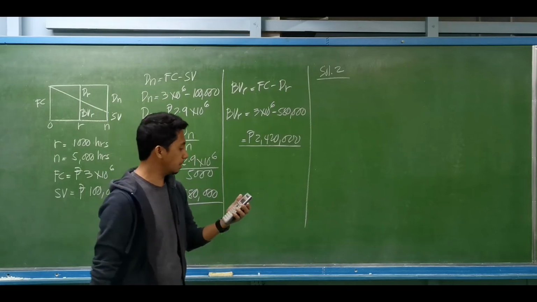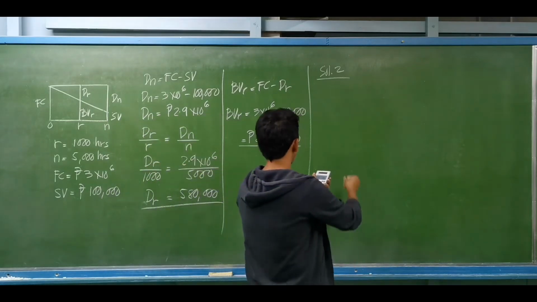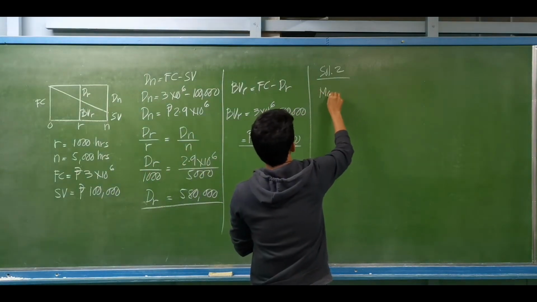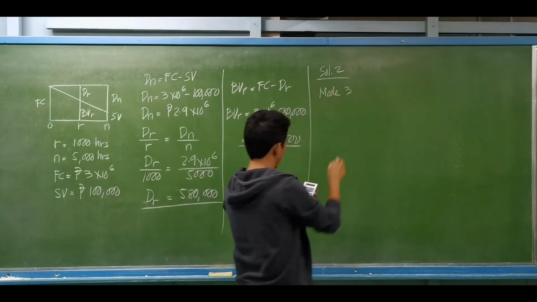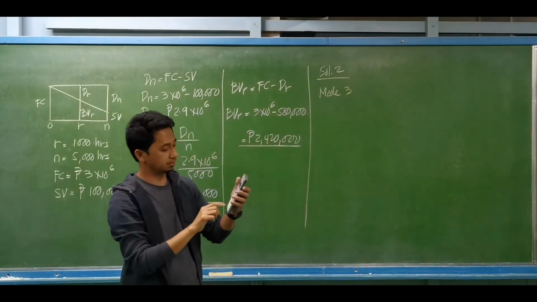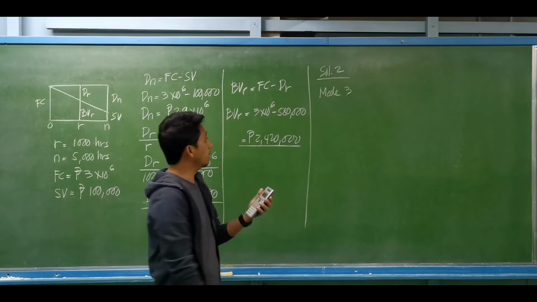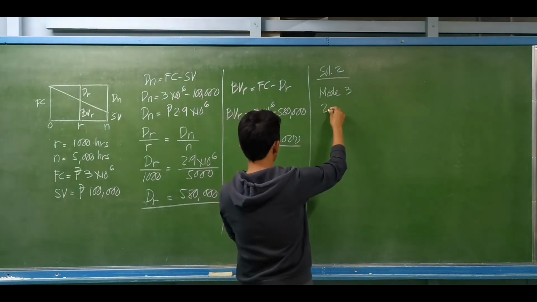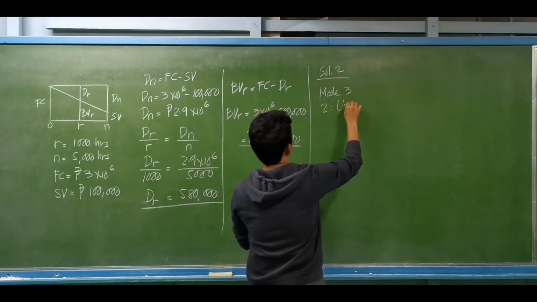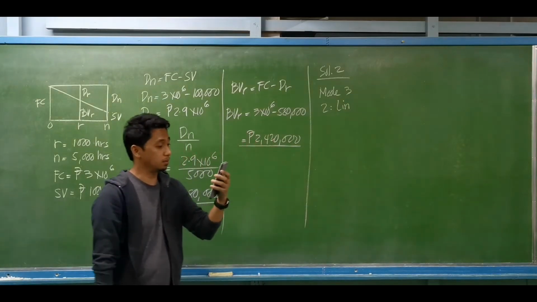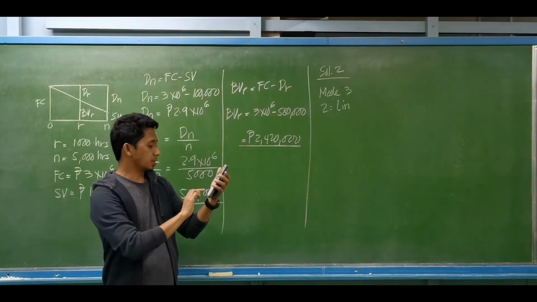So you may press mode, which is the same as mode number 3. Then choose number 2, which corresponds to linear.